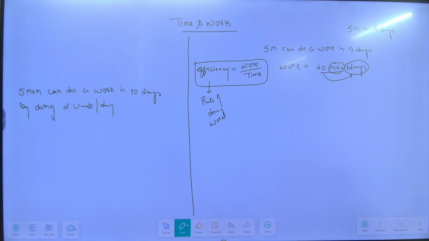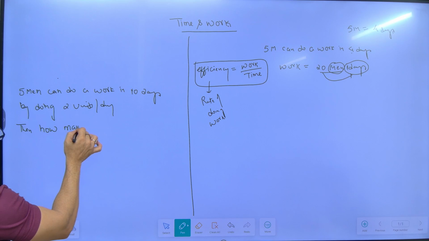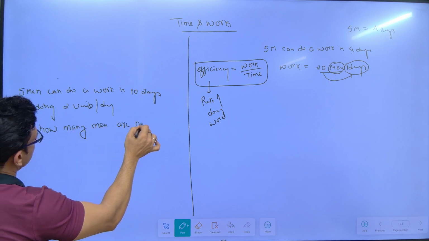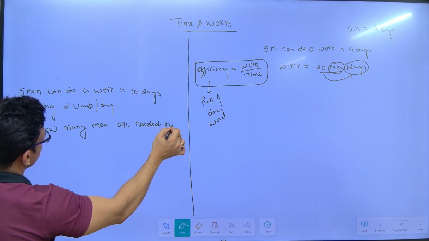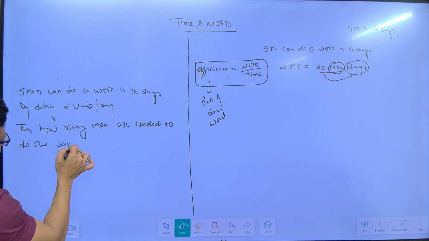Sometimes it is given without efficiency. So, in this case, what formula do you have to use? 5 men can do a work in 10 days by doing 2 units per day. Then how many men are needed to do the same work?